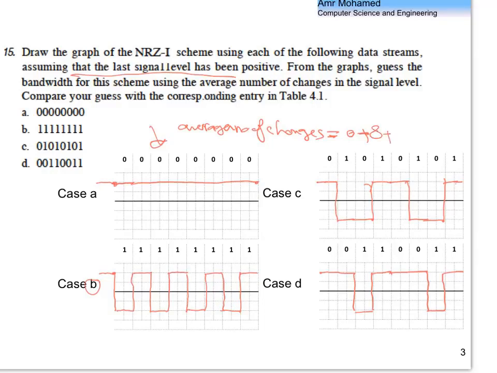Plus, for case C, we have 4. Plus, for case D, we again have 4. If we have 4 cases, the average is 8 plus 4 plus 4 divided by 4, so the average number of changes is 4.